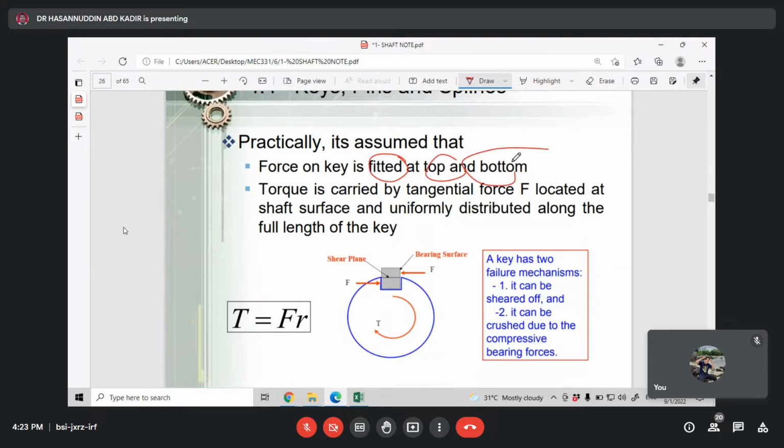We assume it fits, with no gap between top and bottom. Then we give some torque here by tangential force, with the shaft surface uniformly distributed along the full length of the key. We assume it is distributed along the full length of the key.